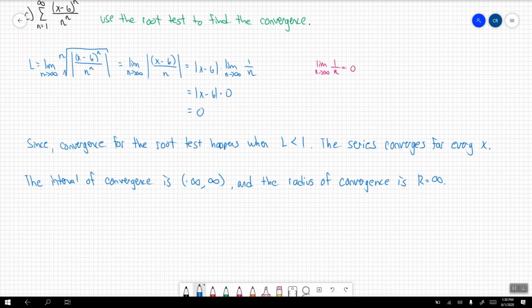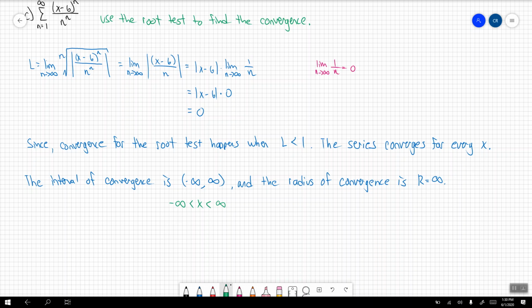Now, could you have given me that interval in a slightly different way? Sure. You could have said x is unbounded. Because x is unbounded, we get to choose values from negative infinity to infinity.